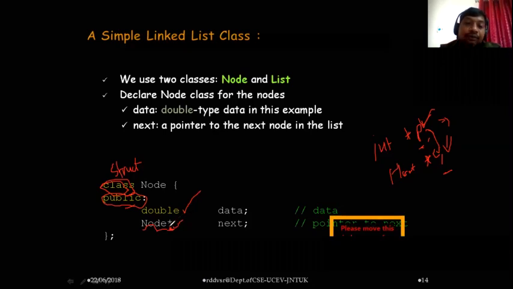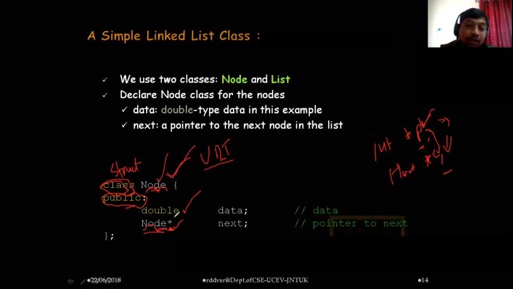Here we have created a structure called node. Whenever you create a structure, it will act as a user defined data type. Now node will act as a user defined data type. We have declared a pointer of type node. The pointer name is next. It is of type node star.